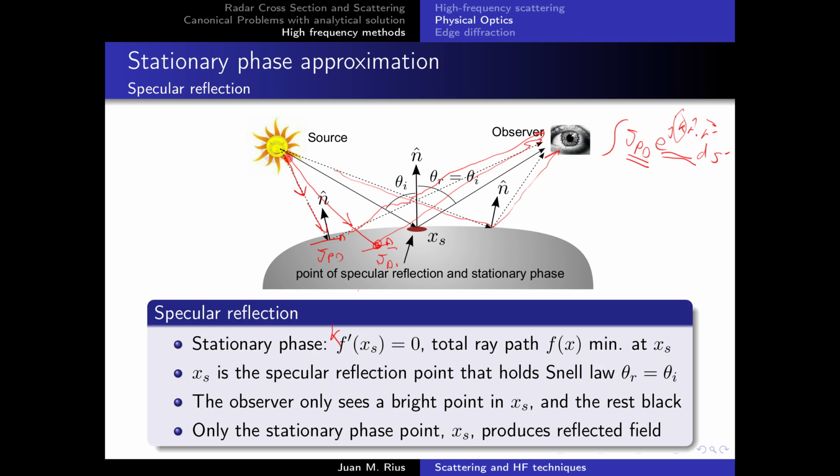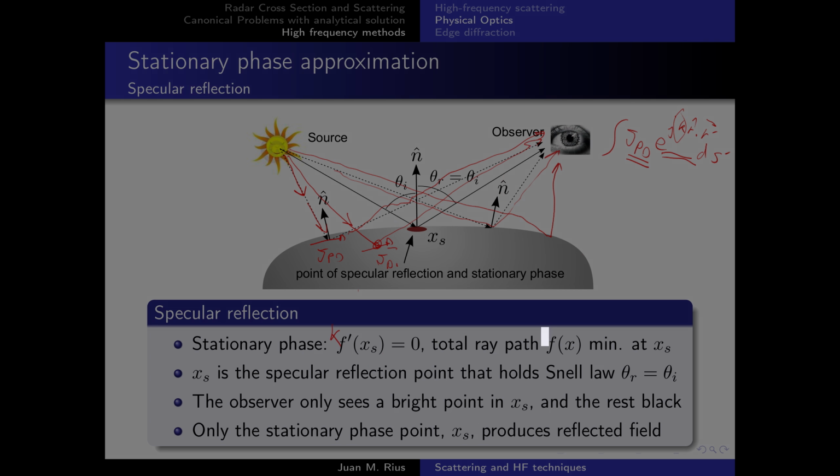And we can see that this path at some end of the surface is large. Then the total length of the path decreases. It decreases even further, it reaches a minimum, and then it increases again. So there is a minimum of the path.